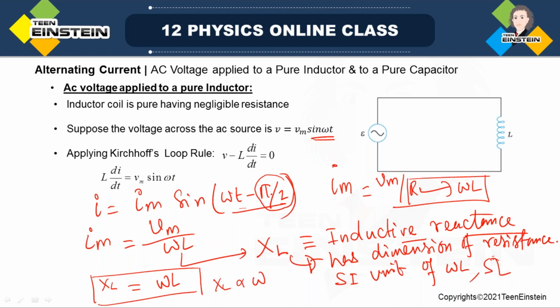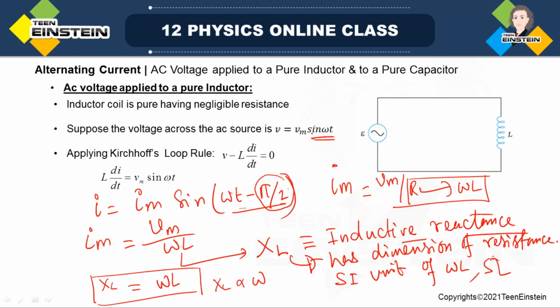Your current is lagging behind the voltage in the circuit, which is applied from this AC source, and the current is lagged by pi by 2 phase than your voltage.